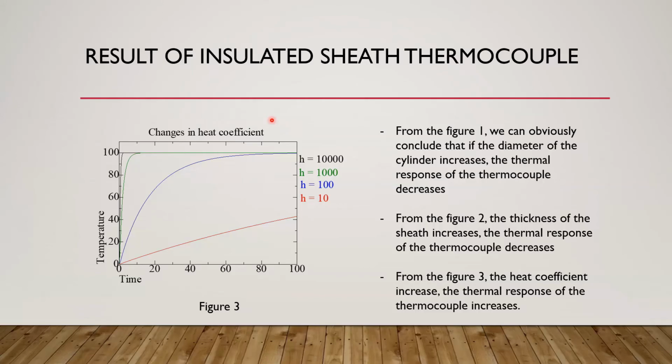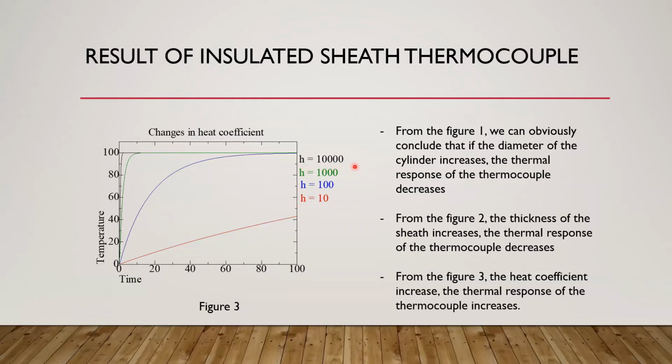There are four colors of line for the data showing the heat coefficient, which are the black color, green color, blue color, and also red color. Each of them represents 10,000, 1,000, 100, and 10 respectively.